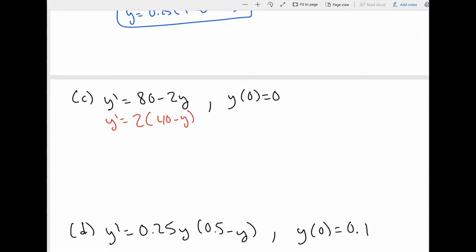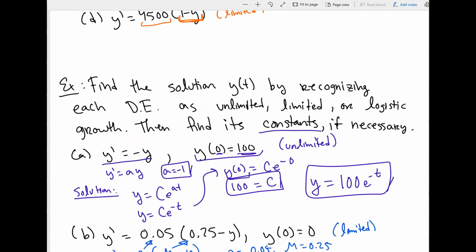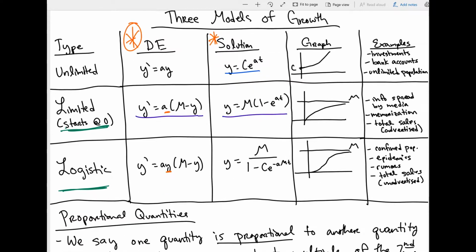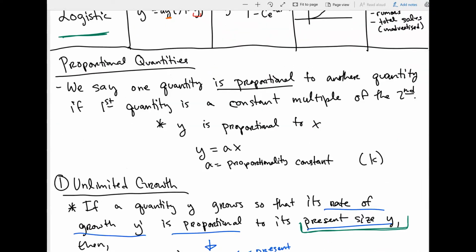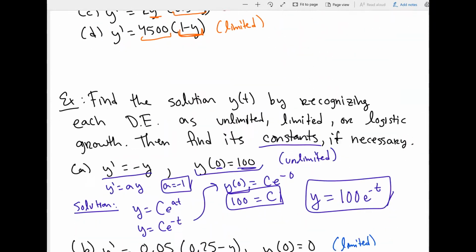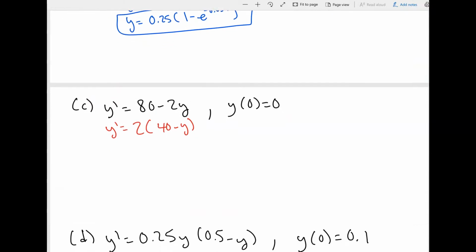Now the reason why I decided to factor out a 2 was because notice that if I look at all of my logistic and limited growth problems, you only have a y with a coefficient of 1. So I thought that if I factor out that 2, you'll have the y by itself.